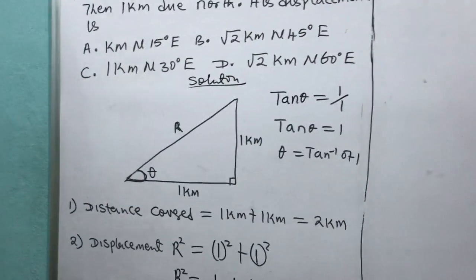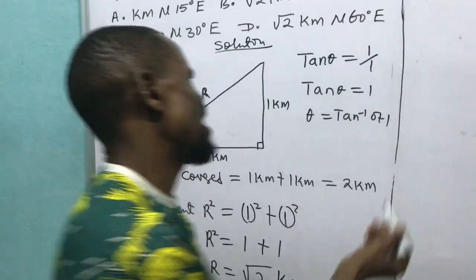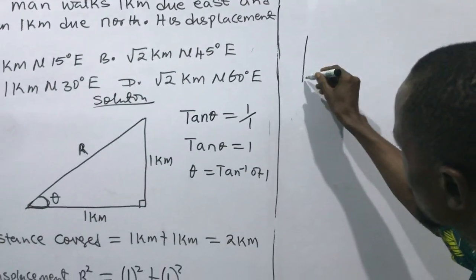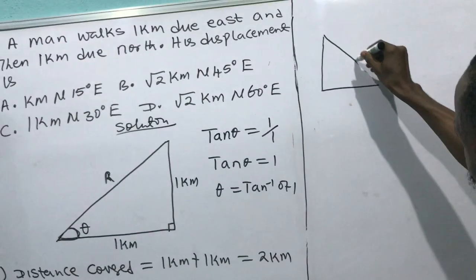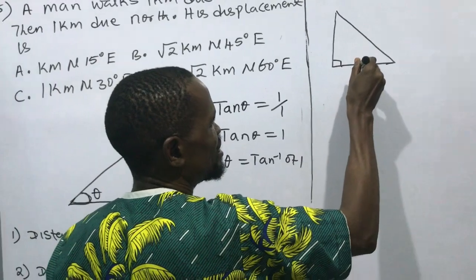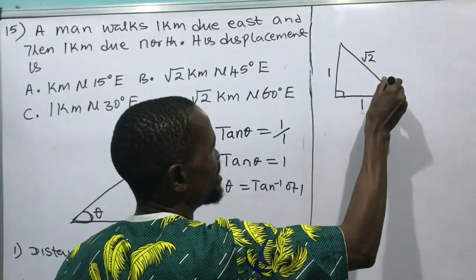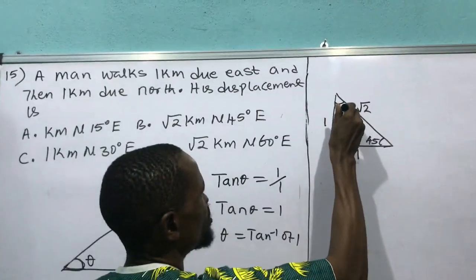And where will I get it? Because I don't use a calculator when writing JAMB, I go back to my diagram, which is always in my brain. I look at it like this: this is 90, this is 1, this is 1, this is root 2, and this gives me 45, and this gives me 45.